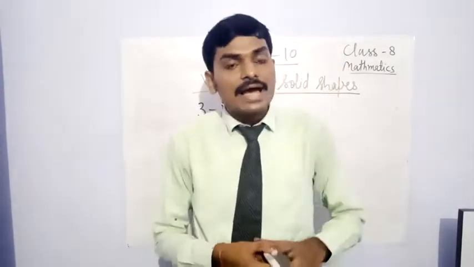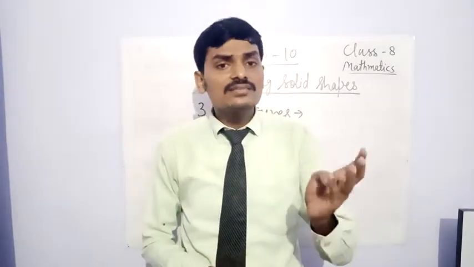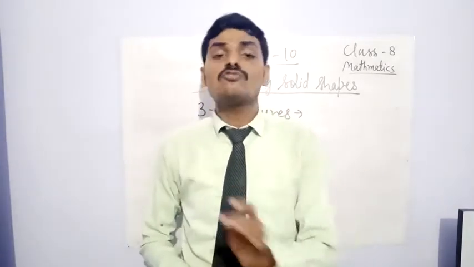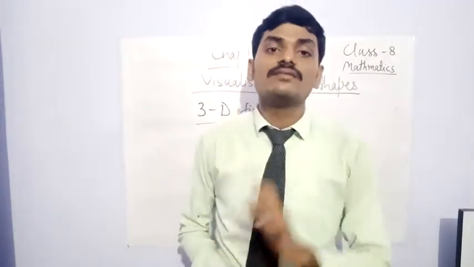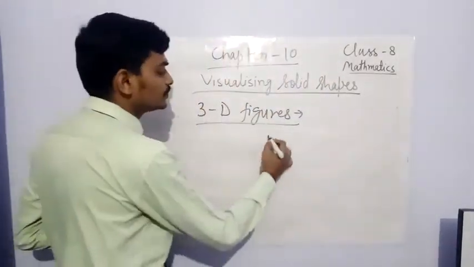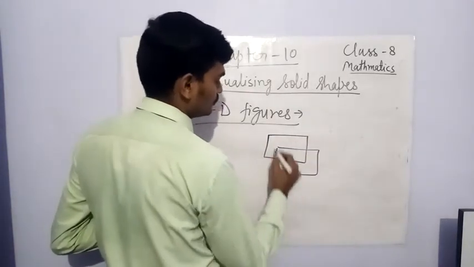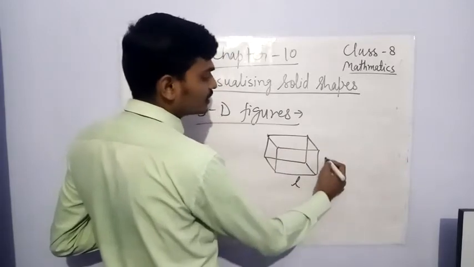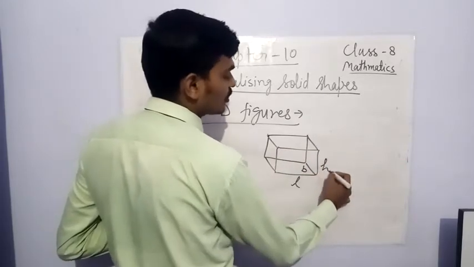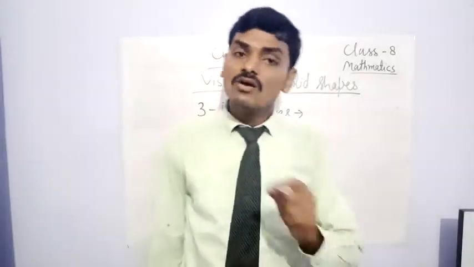The figures having three dimensions, that is length, breadth and also height, we say are three dimensional figures. For example, any cube or cuboid. It has length, breadth and also height. So we will say this is a 3D figure.